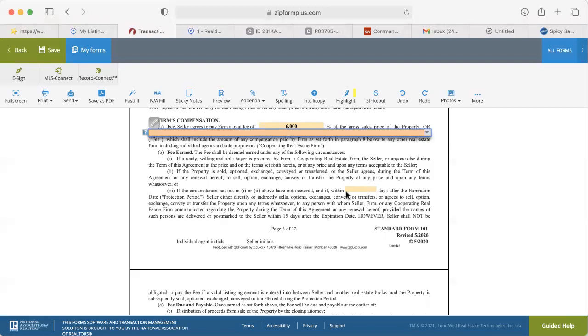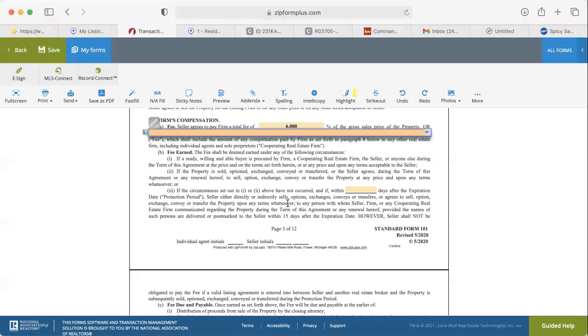Now, paragraph number 3 says that the seller agrees to honor the listing agreement for X number of days after the expiration if someone who we showed the property to came back to buy it. So this is a protection period. Usually I see 30 days, sometimes I see 60 days in here.